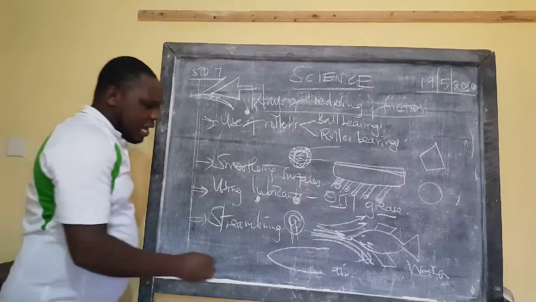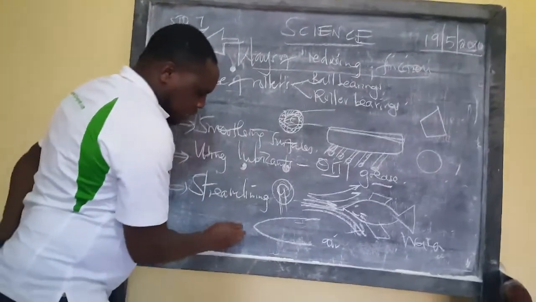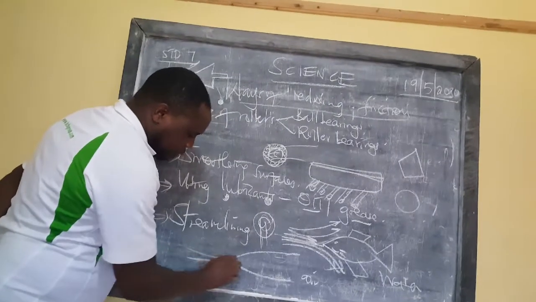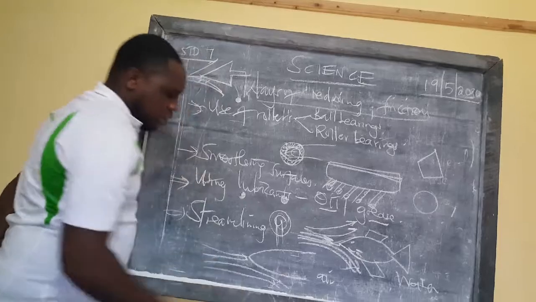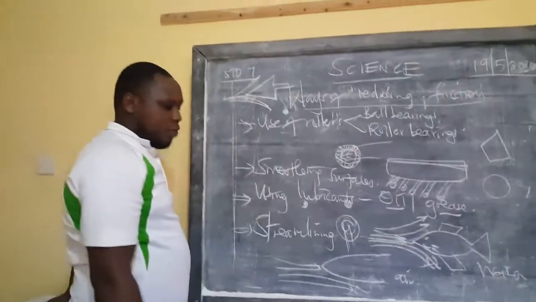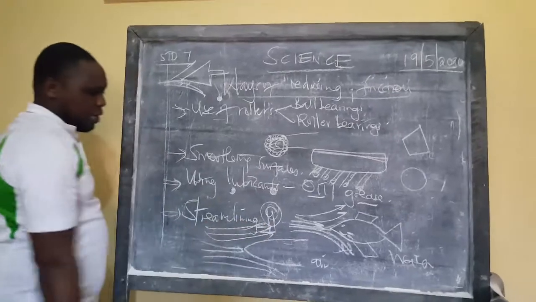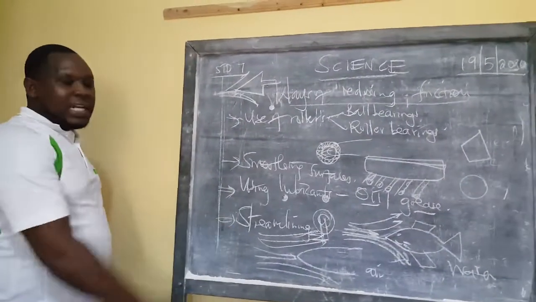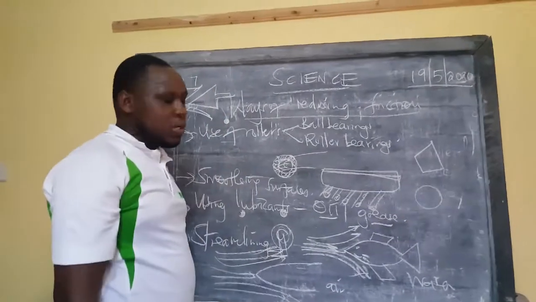Look at the aeroplane. As the aeroplane flies in the air, only a few air currents come into contact with the front part of the aeroplane. The others just pass on the sides like this. So this one enhances movement in air, and this enhances movement in water.